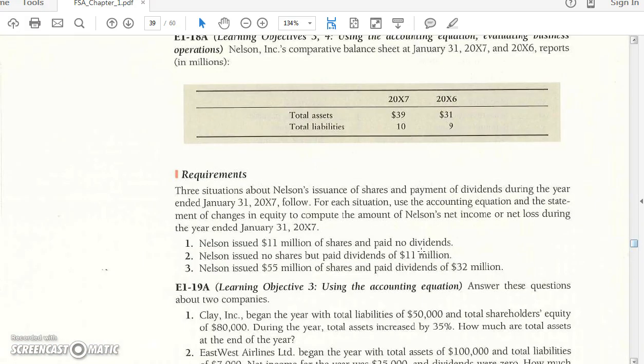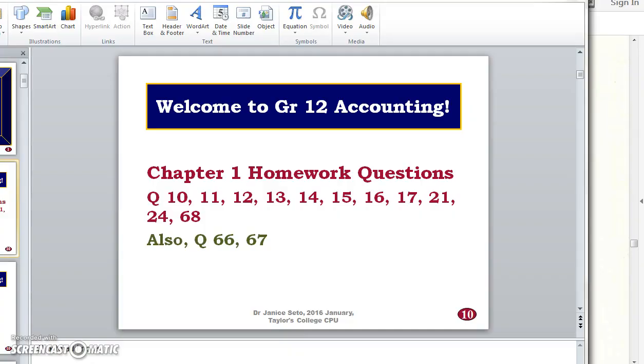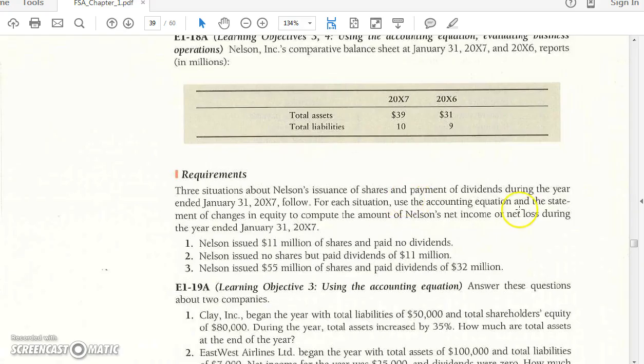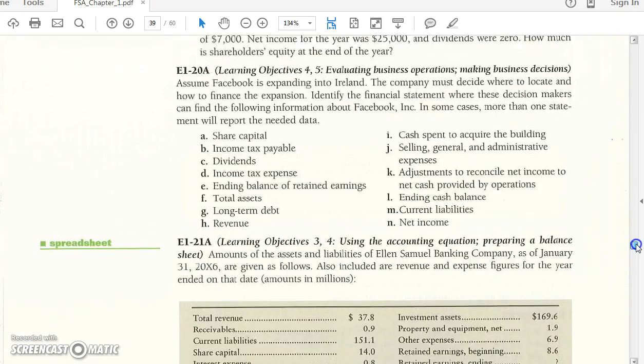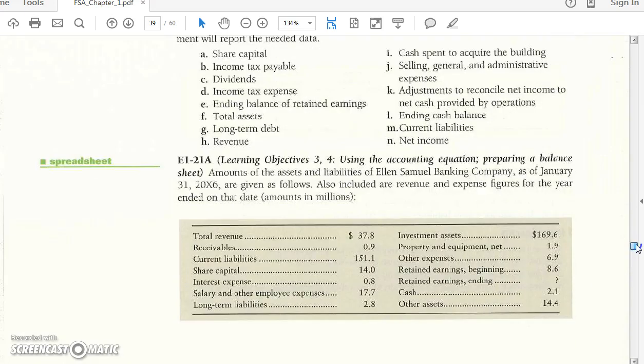What's next? I think we have question 21. Let's take a look at what question 21 is all about. Question 21 is, again, using the accounting equation, prepare a balance sheet. It's this Allen Samuel Banking Company, and we're given lots of information.